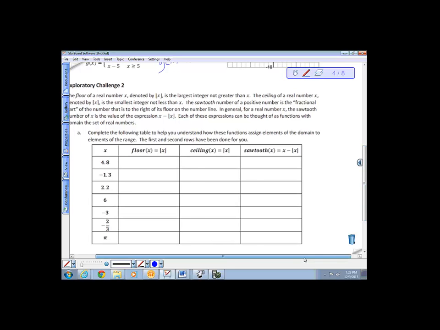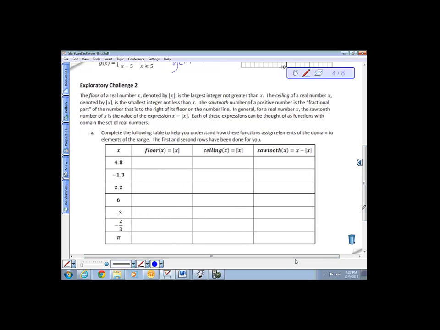Okay, now exploratory challenge 2. The floor of a real number x, we'll just call that floor x, is the largest integer not greater than x. The ceiling of a real number x is the smallest integer not less than x.